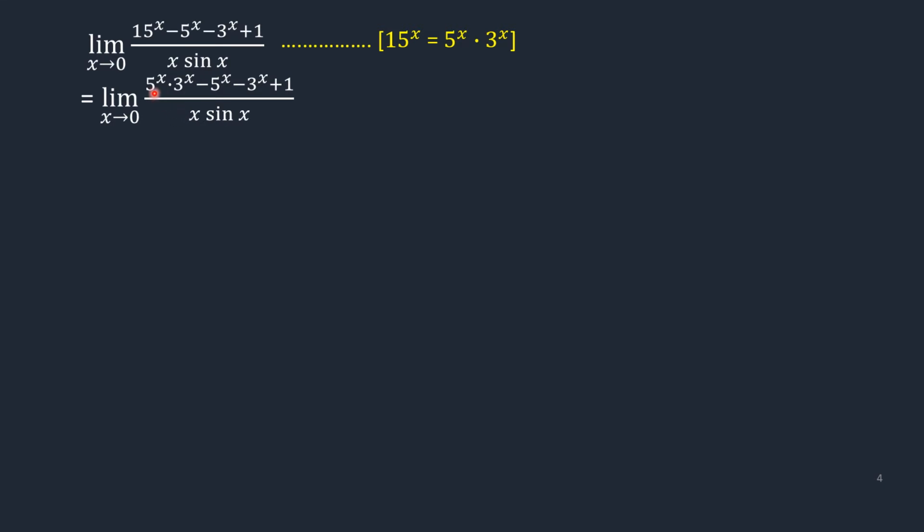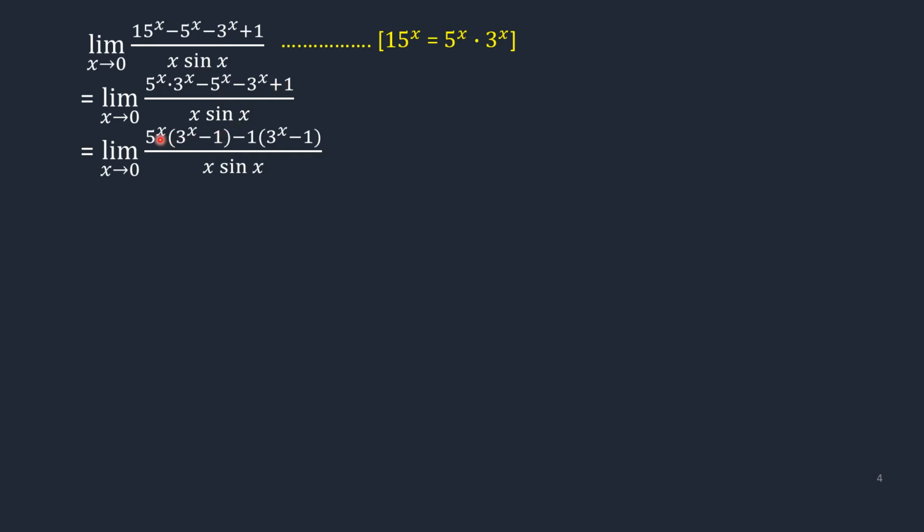Now here in the first two terms we can take 5 to the power x common, and in the last two terms we can take minus 1 common and write the next step. When we take minus 1 common, here plus 1 becomes minus 1, because minus into minus will become plus.